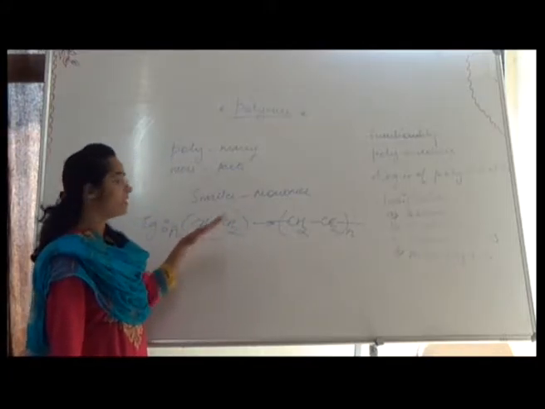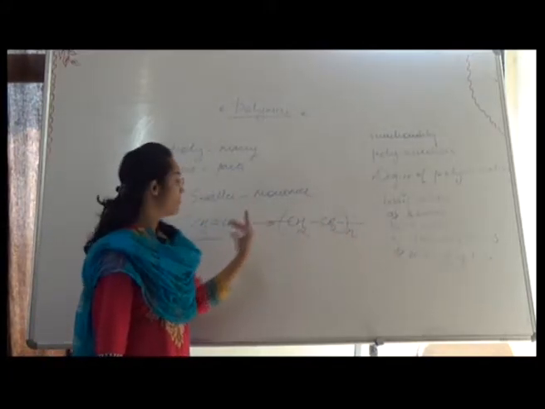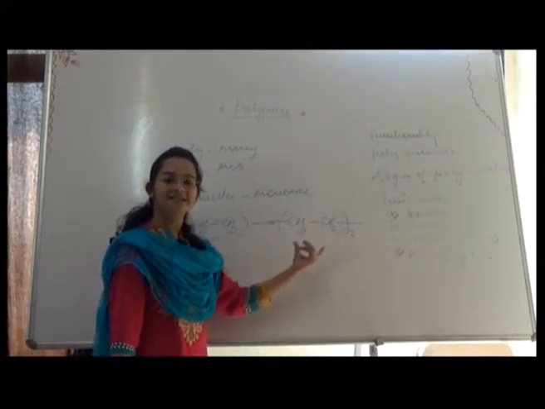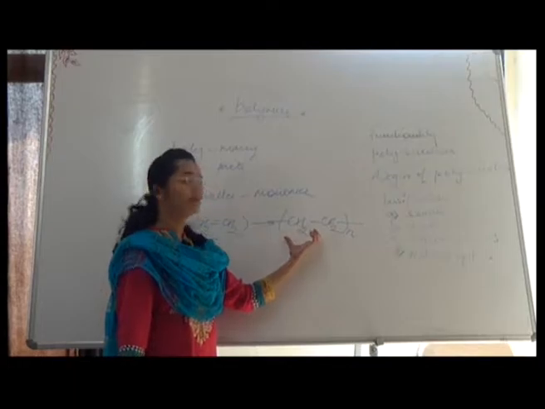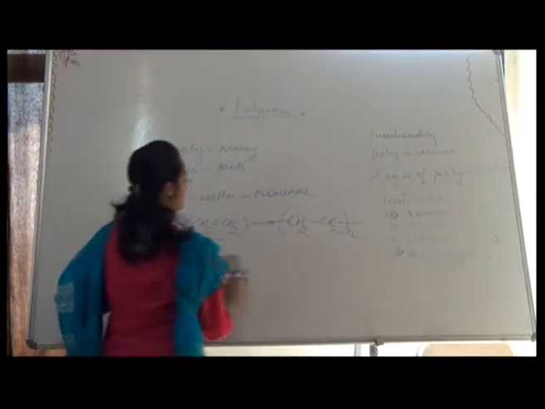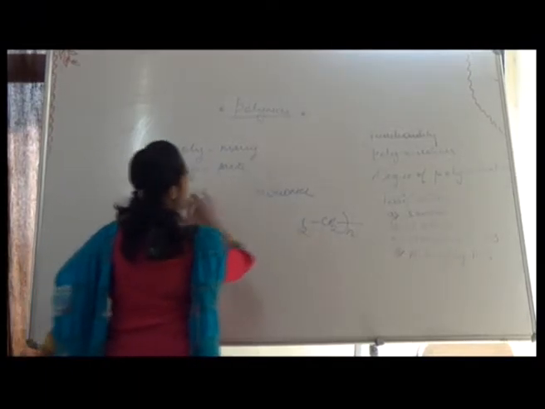So, this is our monomer and this is our polymer. Monomer is just an ethene molecule, and when this ethene molecule is repeated n number of times, it becomes a polymer.